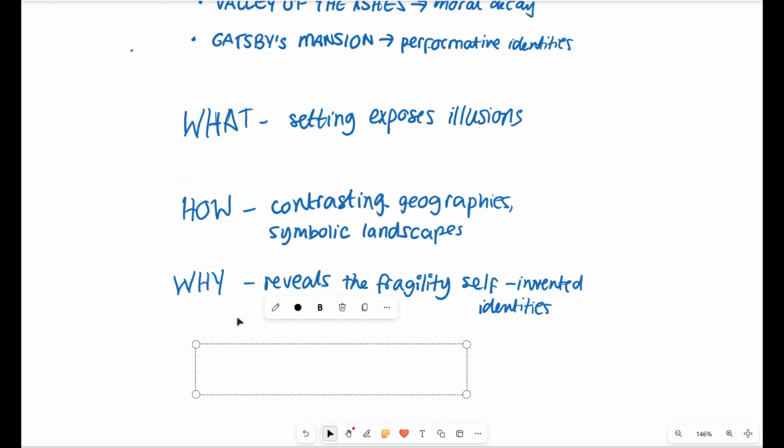Basically what we're trying to do is put our what, how, and why into a sentence.